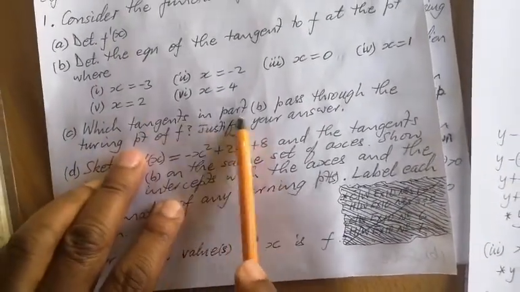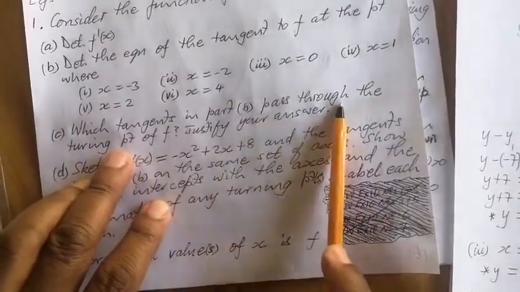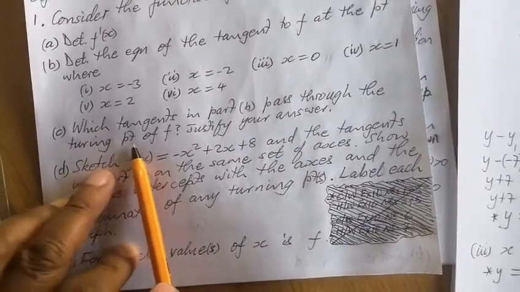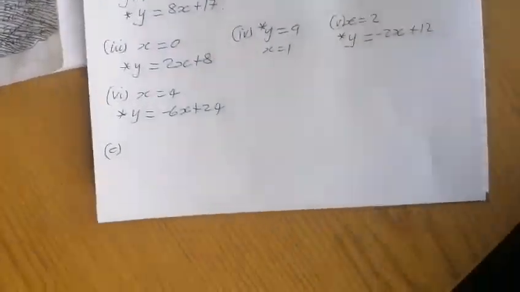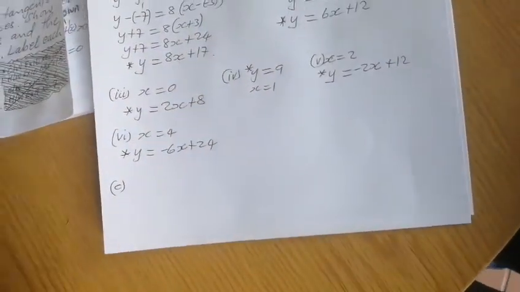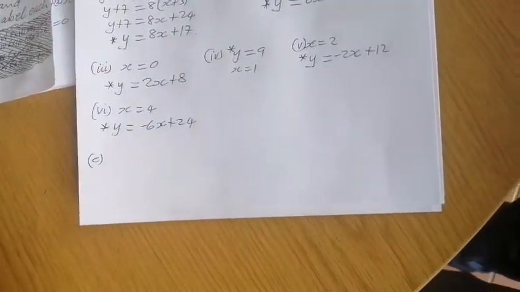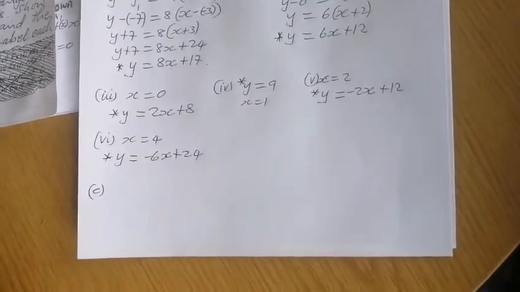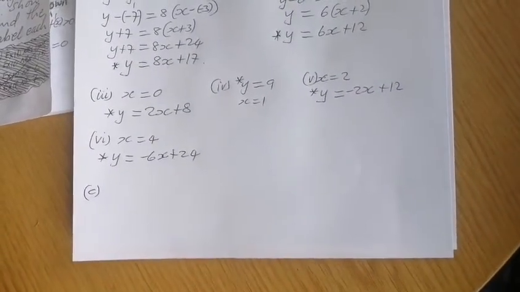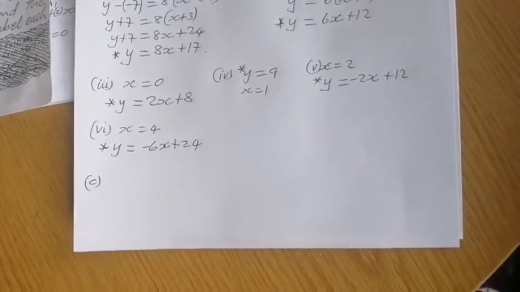Part C says, which tangent in part B passes through the turning point of f? Now, for us to identify any line as a tangent and it's passing through the turning point, it means it has got only a variable y.